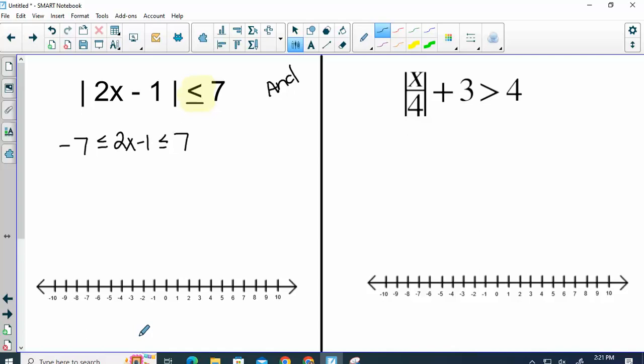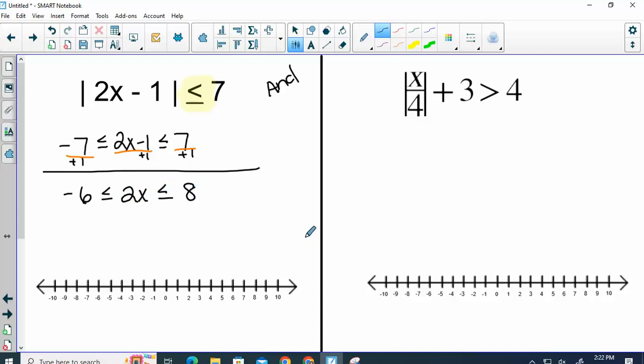Then this is going back to those older problems that we were solving. So we would add 1 to everything. And I'm doing it 3 times because with those 2 inequalities, we have essentially 3 sides. Okay, so we get -6 less than or equal to 2x less than or equal to 8.